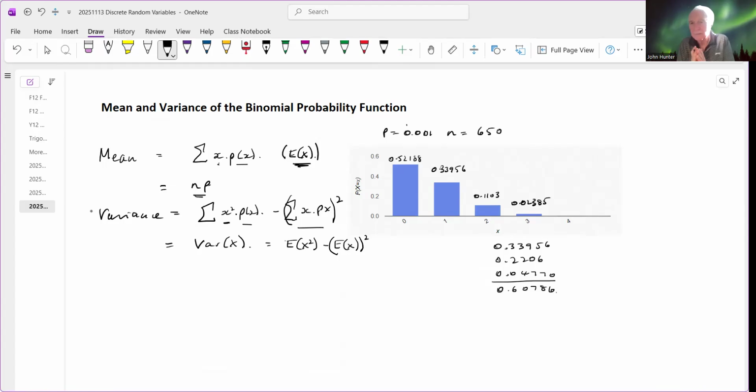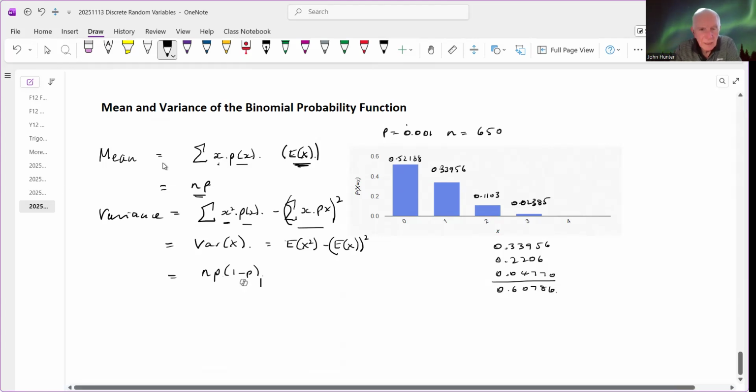We don't have any n's in here because that's already factored out by the fact that we're dealing with probabilities and not total values. So that would be the variance, and if we want the standard deviation, we take the square root of that.